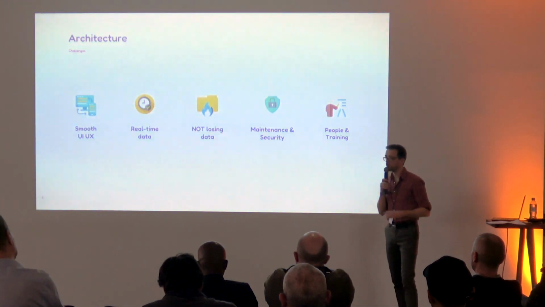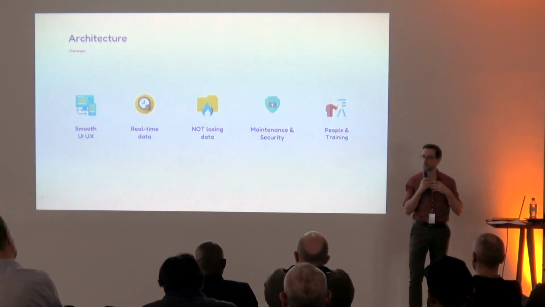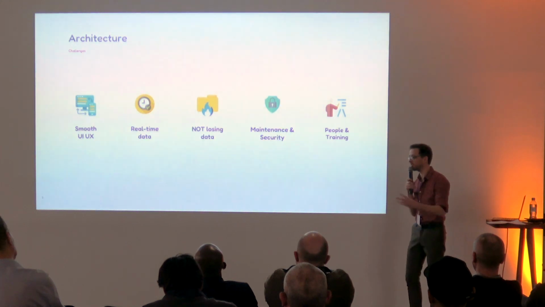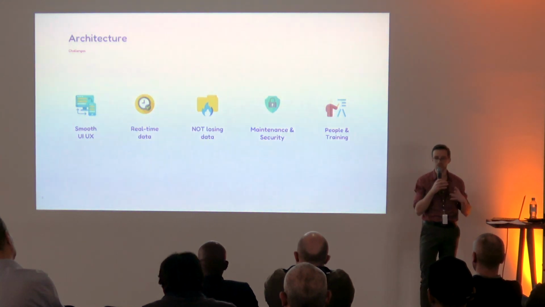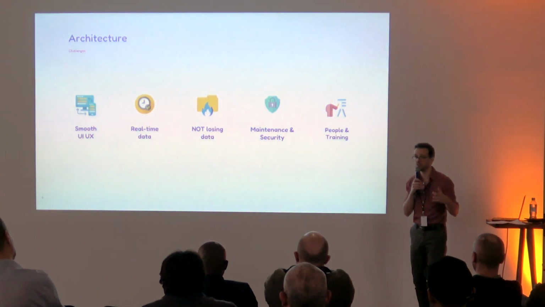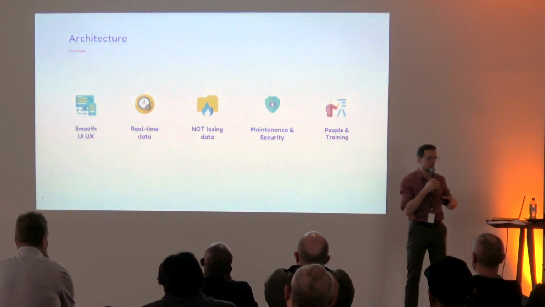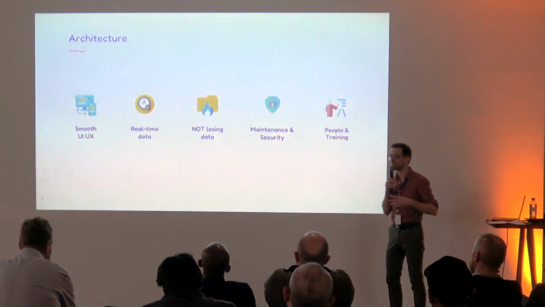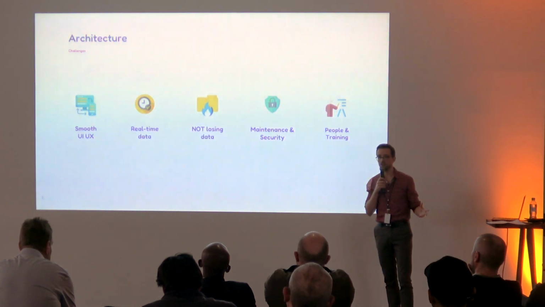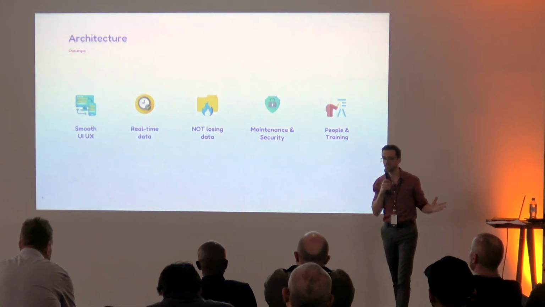The first one is the result of the architecture. It's not the architecture itself, of course, but getting a smooth user experience, user interface at the end of the project. Because you can have the best architecture possible, if at the end the user experience is poor, the software won't be used, and that's it, it's over.